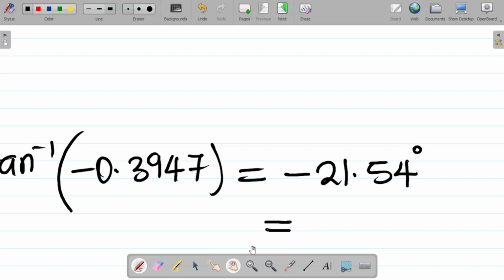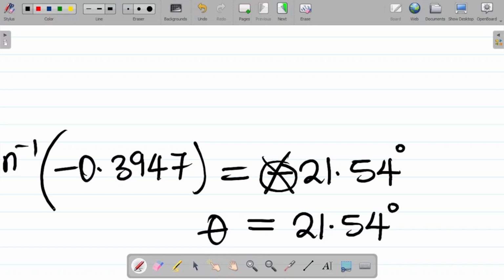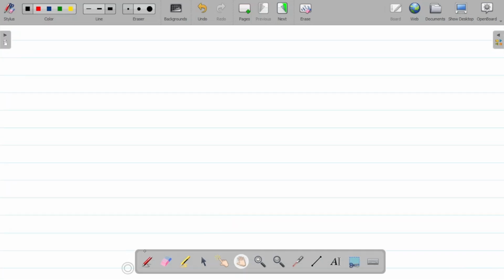When you have theta as negative, what it simply means is that the negative is only showing you direction. So eliminate the negative and just take the value as 21.54 degrees. That's your answer. The negative there only shows direction. So I have 21.54 as my angle. Let's now get the resultant diagram.